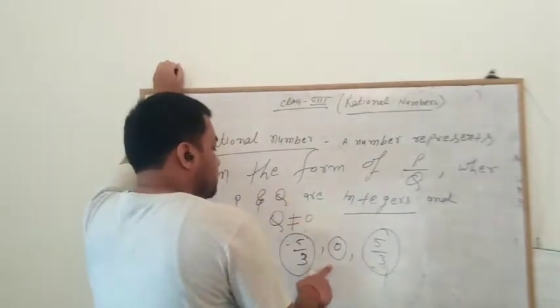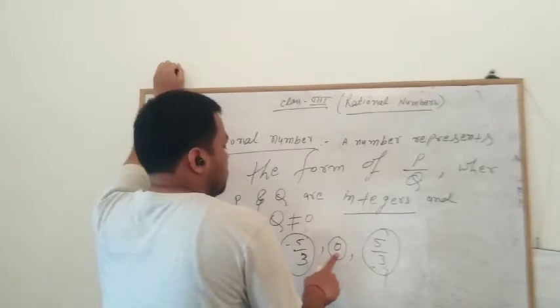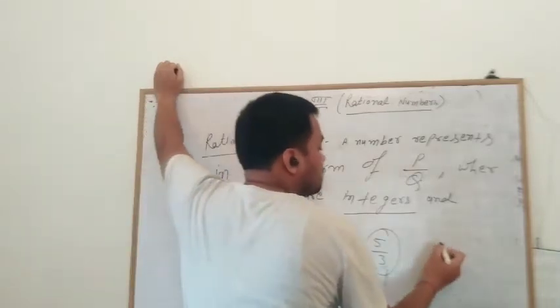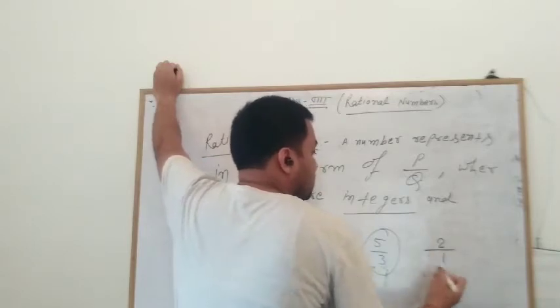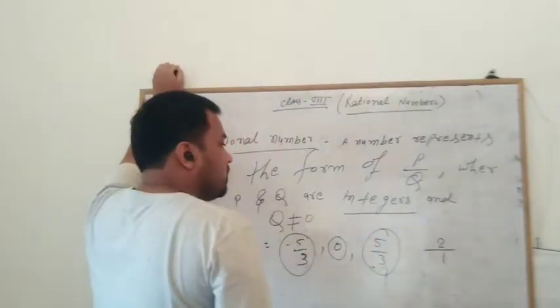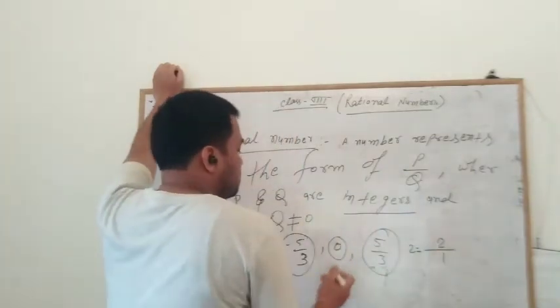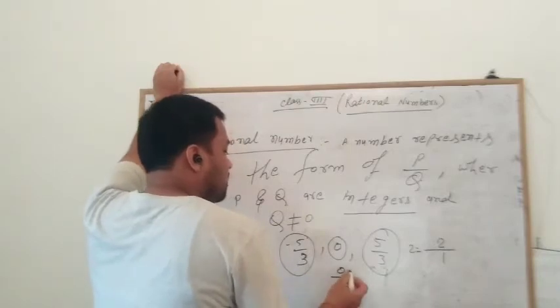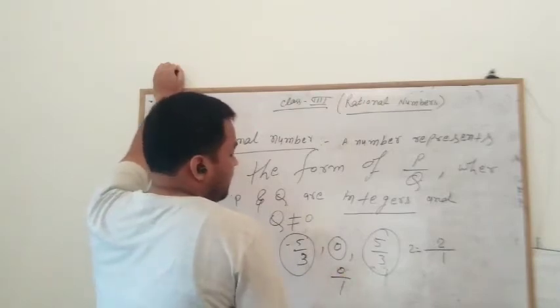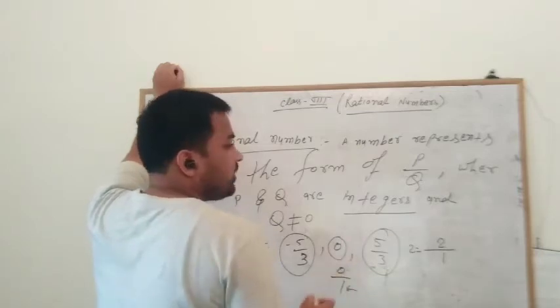You can say that 0 is not in the form of p by q, but we know that if we write a number simply as 2, by default there is a denominator of 1. So 2 can be written as 2 by 1, and similarly 0 can be written as 0 by 1. Both 0 and 1 are integers, and the denominator is not 0, so 0 is a rational number.